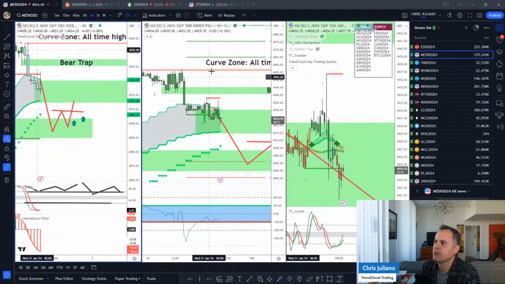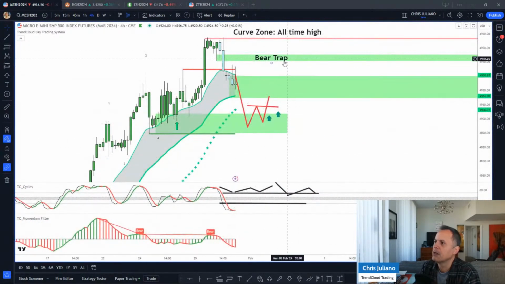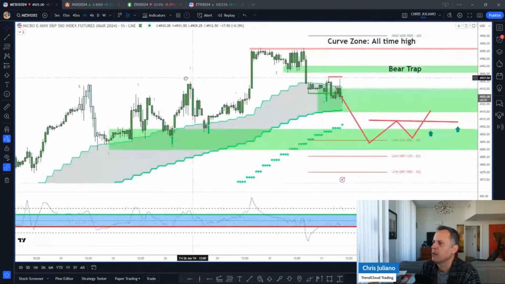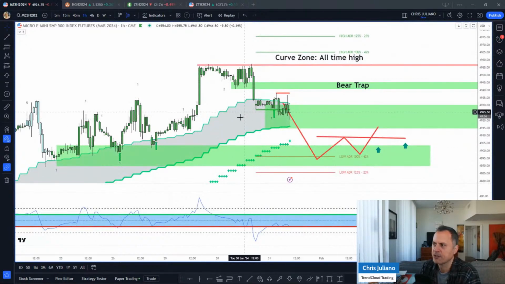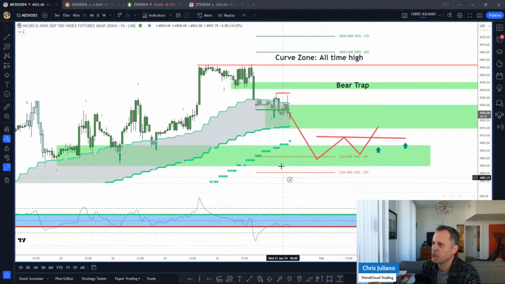All right. So right now you can see the 1 hour chart here. Here's the 1 hour chart with the 4 hour trend cloud. So Gary, you see how I did that? I went in here on the 1 hour chart and I just unchecked these two chart resolution and I put 4 hour. This way we can see that pullback into the 4 hour trend cloud. And sometimes we just like that visual.